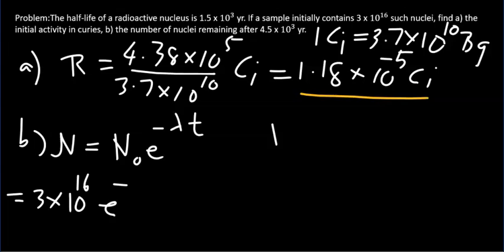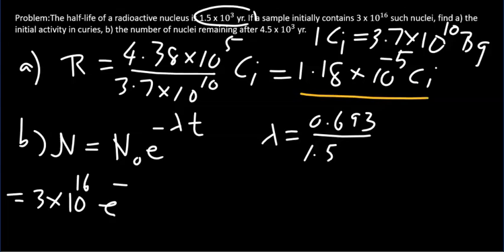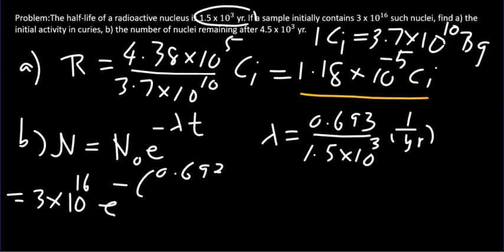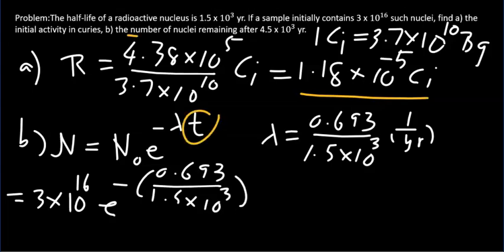Now we know that the decay constant is 0.693 over half-life. The half-life in years is given by that number. So let's for now stick to the unit of year. So it's 1 over year. So putting that number here, 0.693 over 1.5 times 10 to the power 3, and t is given in the unit of years already.